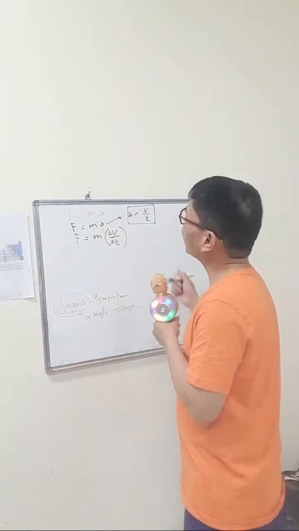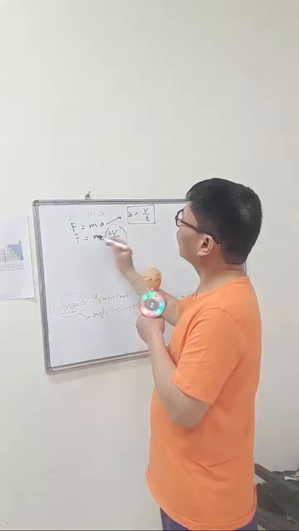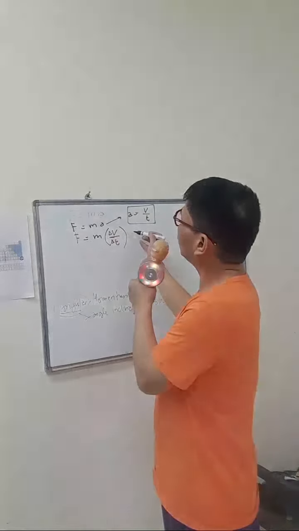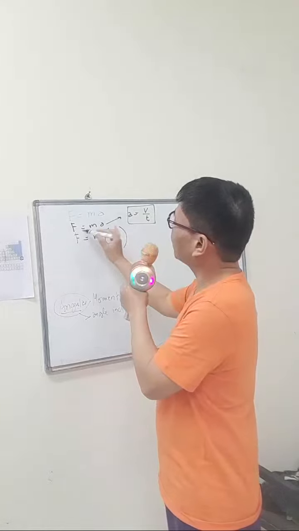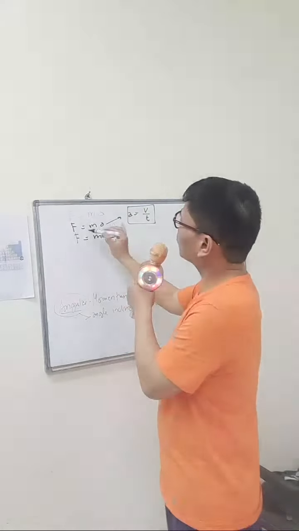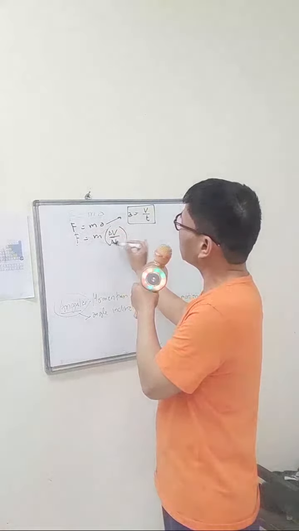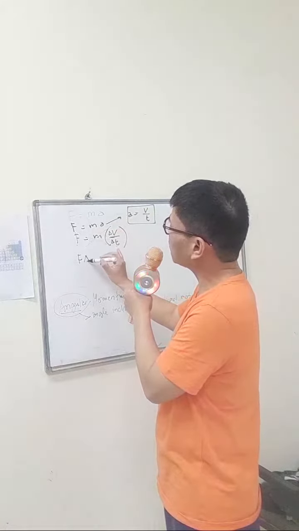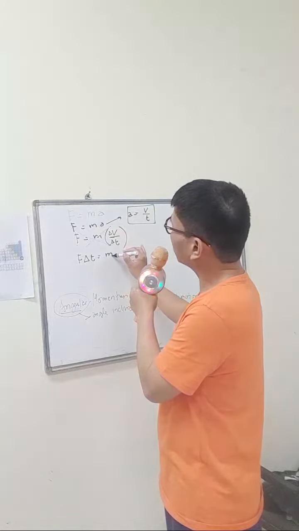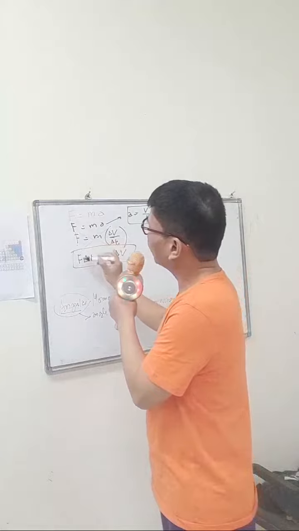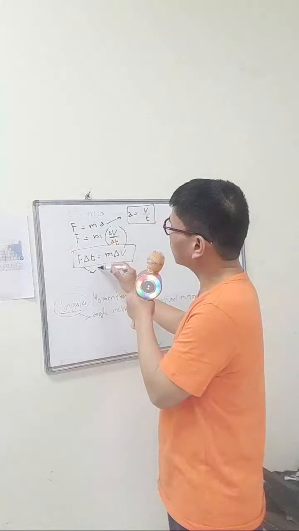So if you have here force is equal to mass times the change in velocity over the time, then we need to do the math: algebra, cross multiplication. So we have force times delta t is equal to the mass times delta v. Now here you could create another equation that focuses on the impulse.